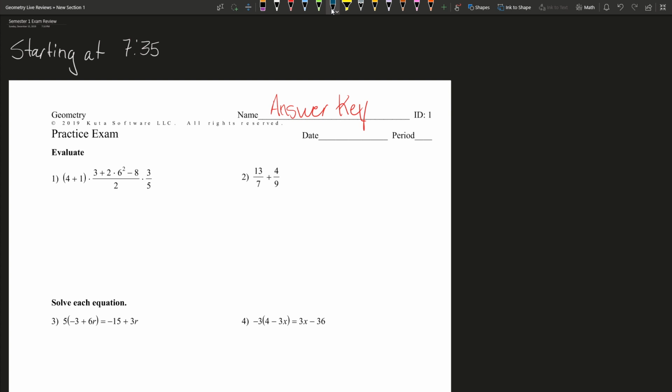So first order is parentheses, and I'm going to simplify just a little bit more with that. The next order is exponents. So that's 6 squared becomes 36. And then we can simplify this top part.